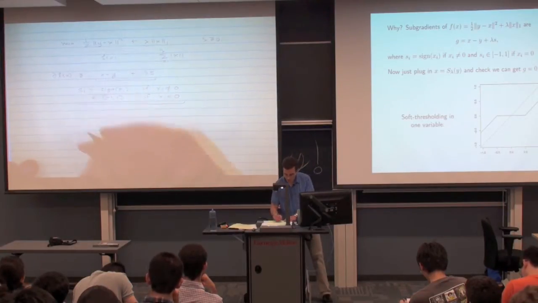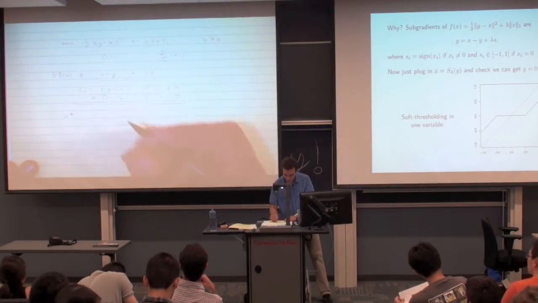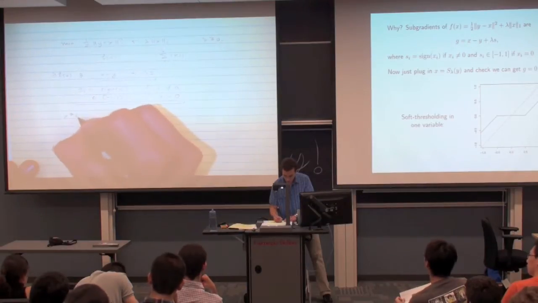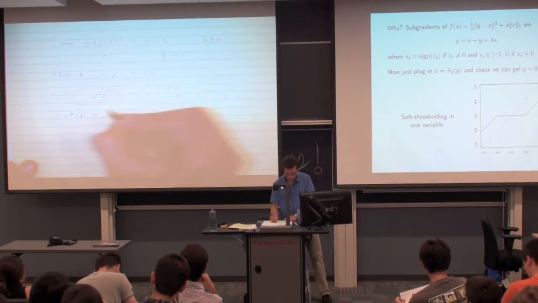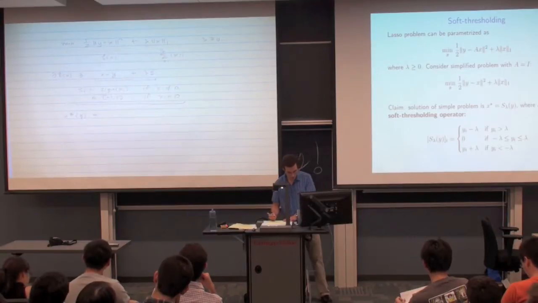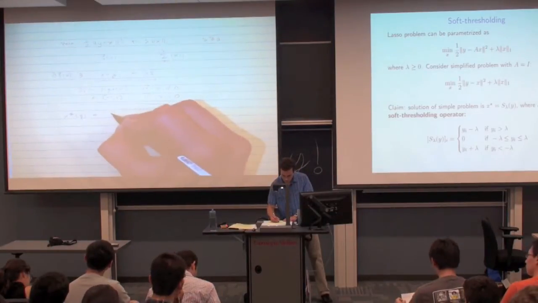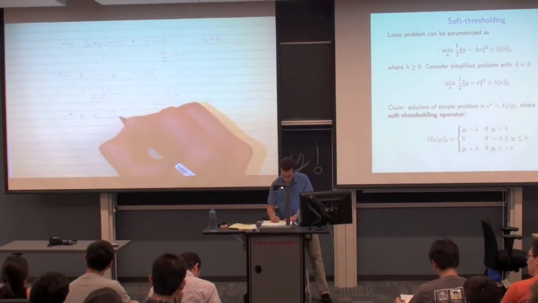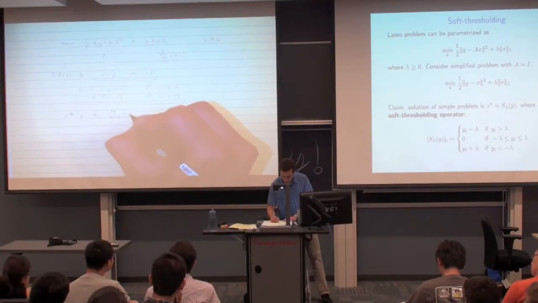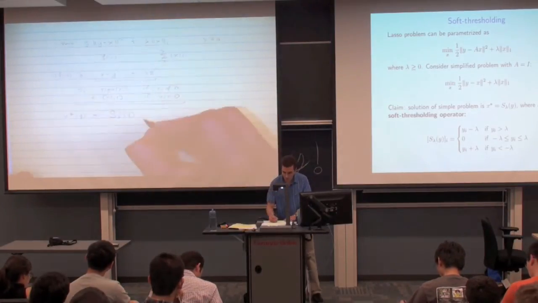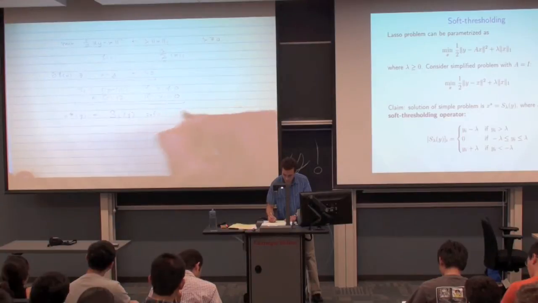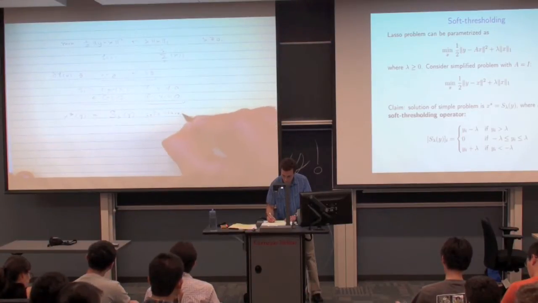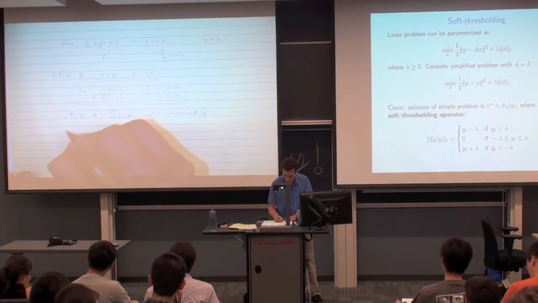I claim that if I take x star, in this case as a function of y, it is equal to what I wrote in the previous slide. Sometimes we denote this by capital S sub lambda of y. This is called the soft thresholding operator, which is defined as follows.